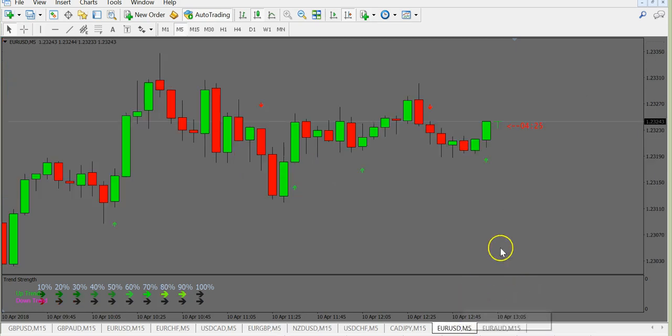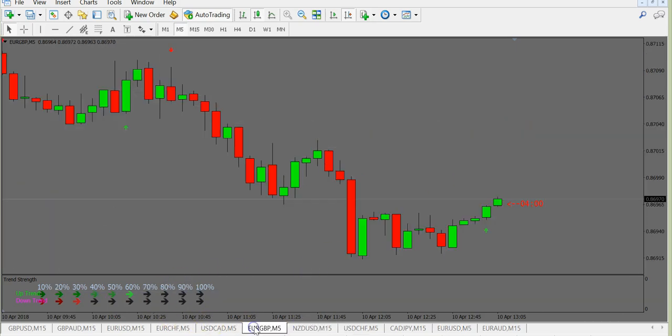So we have two signals, one valid, because when you get the arrow at the very open of this candle, in the first second, we had here 70 or higher uptrend strength, so it is a confirmed valid trade. And here at the moment of the new candle open, the arrow came, we have only 60, so it's not enough.